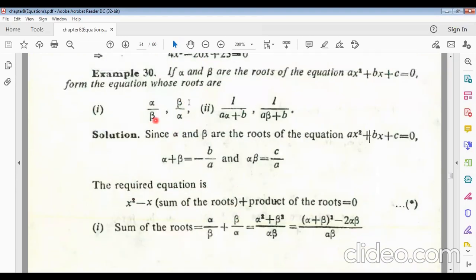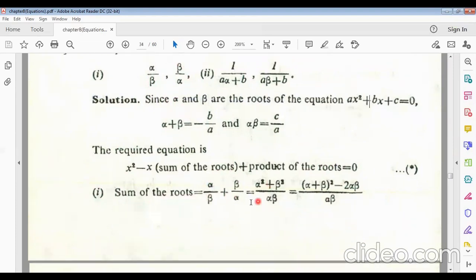This is the given roots. Now taking LCM, least common multiple, we get alpha square plus beta square divided by alpha into beta. Now this is another formula, a square plus b square, for which we use a plus b whole square minus twice ab. Now alpha plus beta equals minus b by a, and alpha into beta equals c by a.